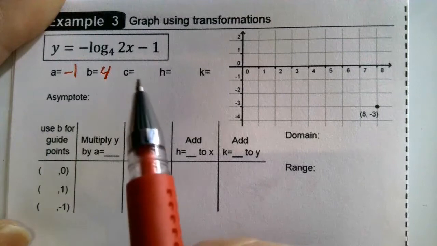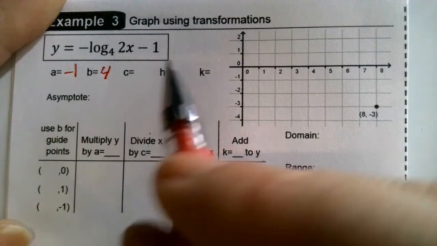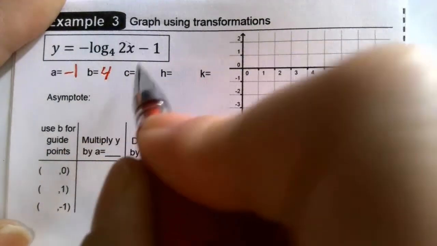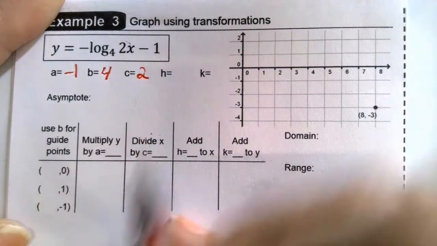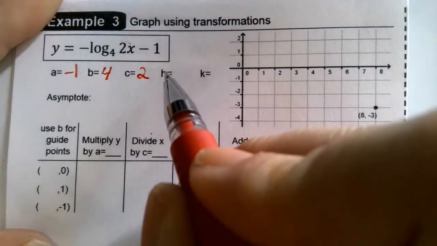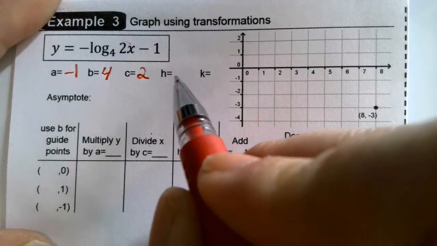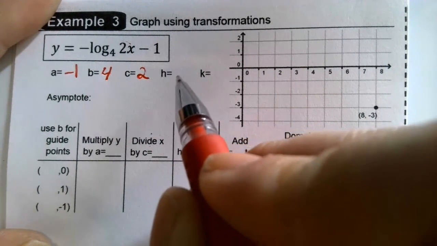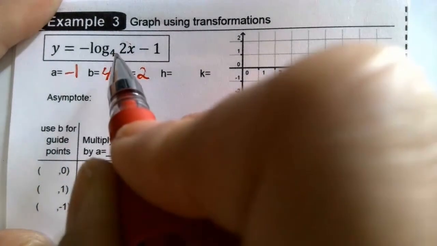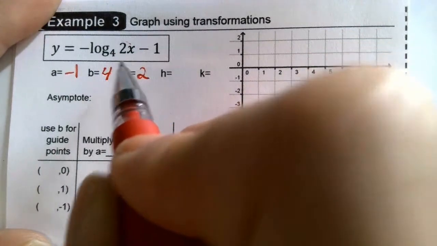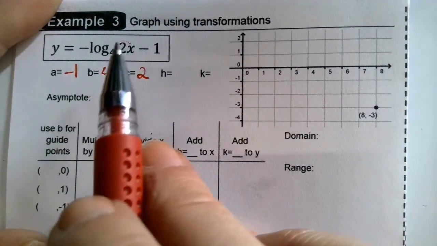The c is the coefficient on the x in the argument of the log function, and so our c is a 2. The h is acting on the x, so the h, if there was one, would be grouped in parentheses with the x in the argument of the function.